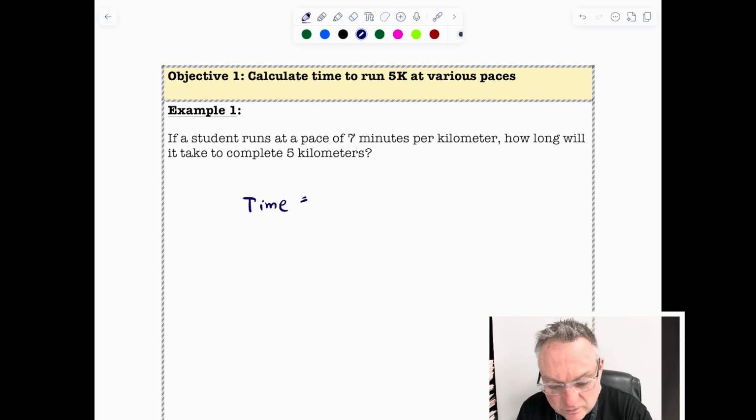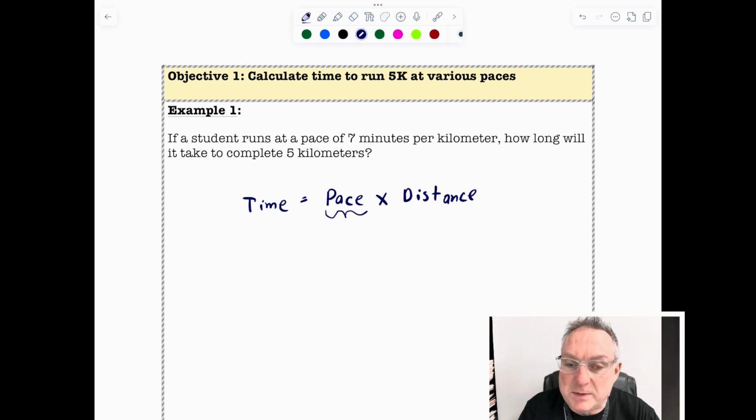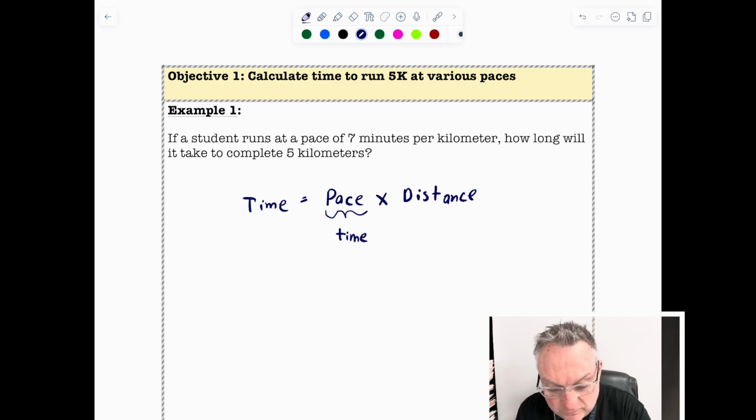Time is equal to the pace times distance. Now, pace can be given to you sometimes as a speed, like 5 miles per hour. In this instance, we're going to do pace in time versus distance. Okay, so that's how this formula works.